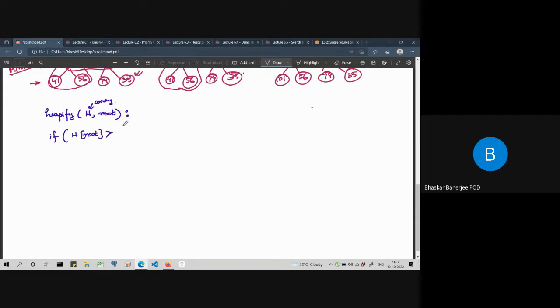Now I discussed that the left child in the array was 2 into the index of the root node plus 1. And the right child was 2 into the index of the root node plus 2. So I'm checking for the left child at first. So 2 into root.